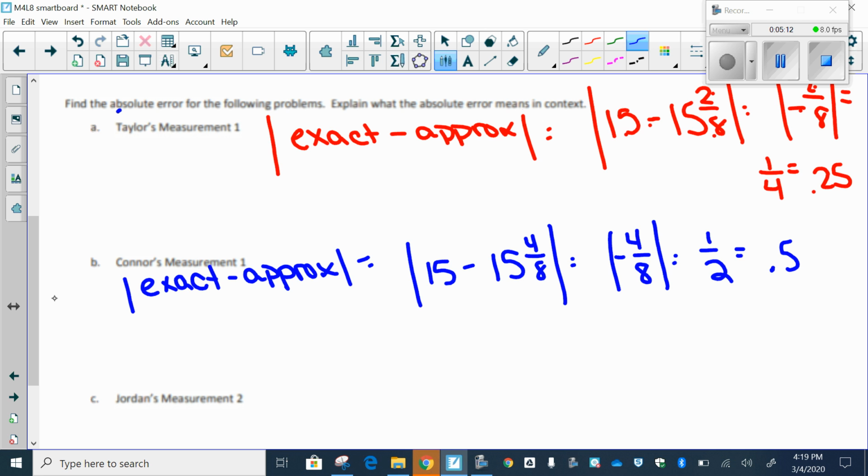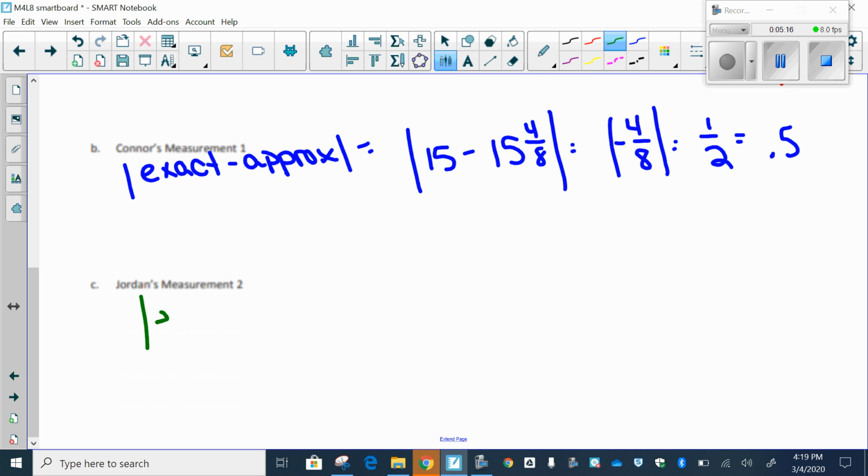Jordan's measurement number 2. So again, we write our formula first. The absolute value of exact minus approximate is equal to the absolute value of, company says it's 15 inches.